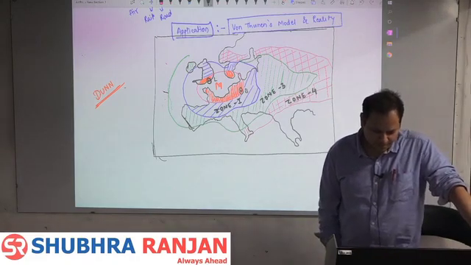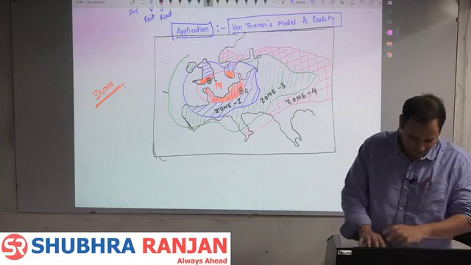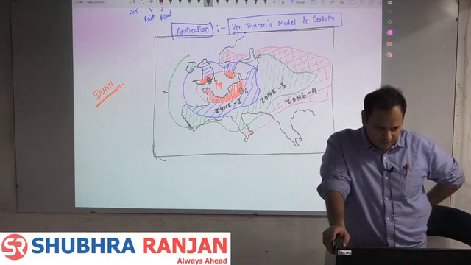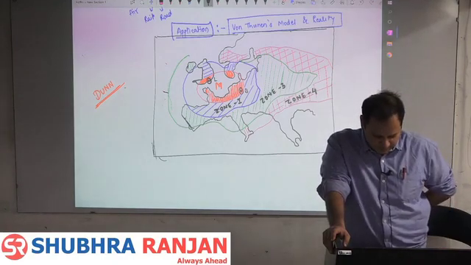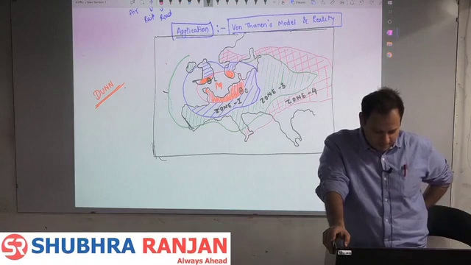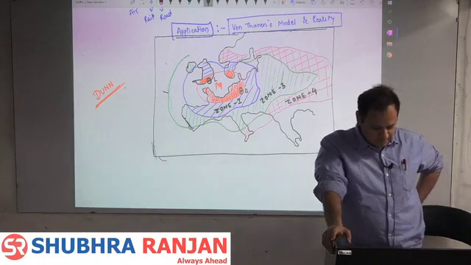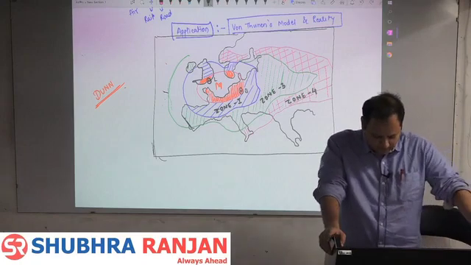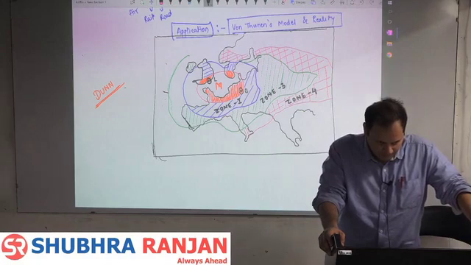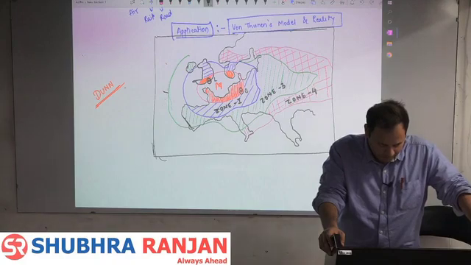Surrounding the market is the region of market gardening and dairy farming in countries such as Netherlands, Denmark, southern France.